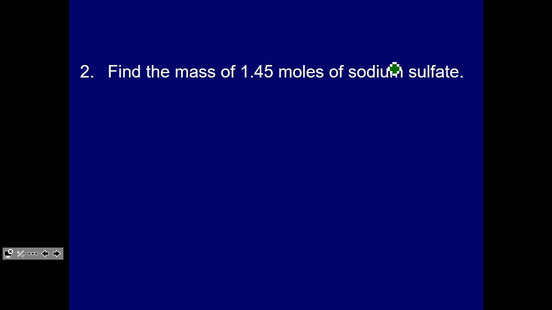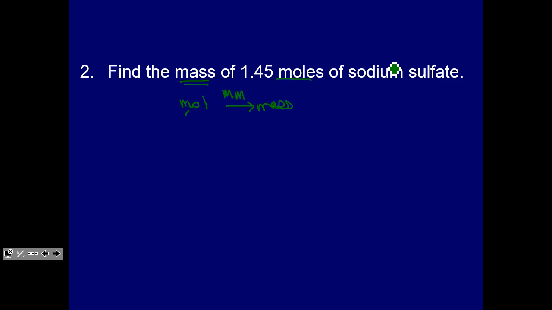I want to find the mass. The mass is going to be at the end of my map. Again, pause it so you can write the question down. I'm starting with moles. To convert mass to moles, I need a molar mass.